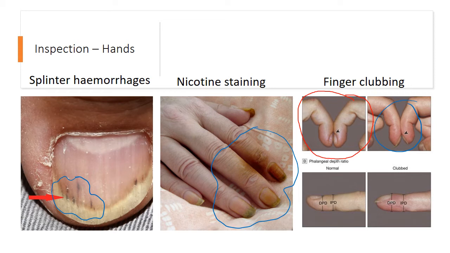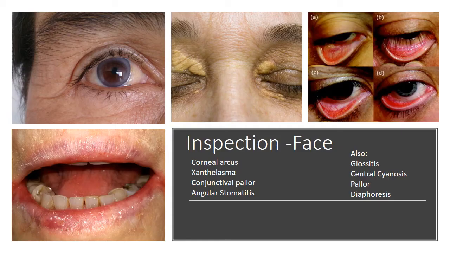And actually, on further questioning, sometimes we find that the patient says, well, I've managed to cut down to 5 a day the week before, but before then they were on 40 a day for several years, and that would be more consistent with the quite marked nicotine staining that we're seeing in the hands there. There are other signs that we can look for within the hands that will show up on some of your other physical examinations as well, but these are 3 of the main ones that I'll mention today.